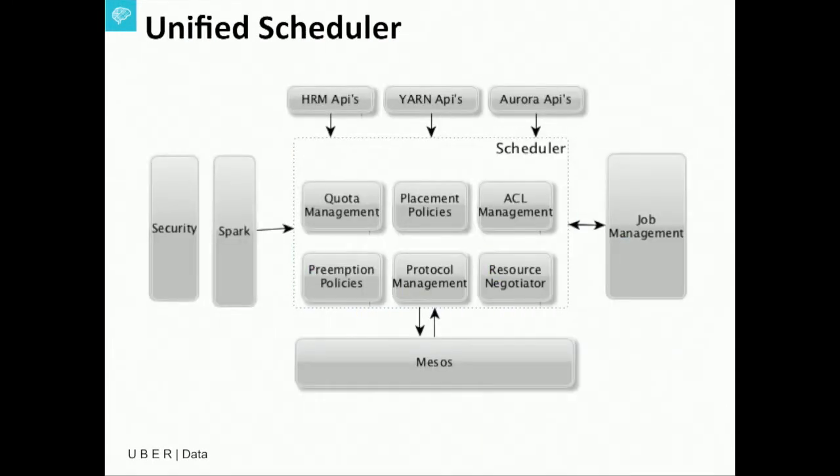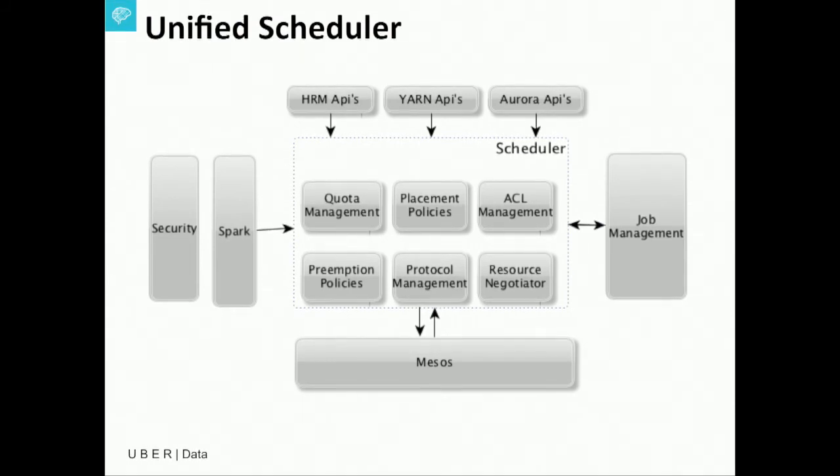Sorry, I didn't get your question. I guess my question is, how does your new scheduler know which is the free space that it needs to provide for your jobs?